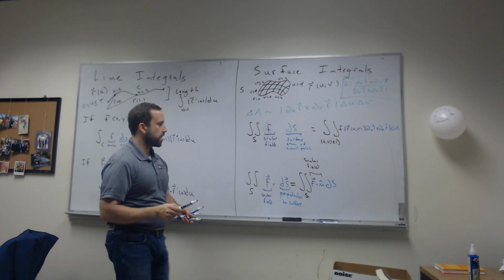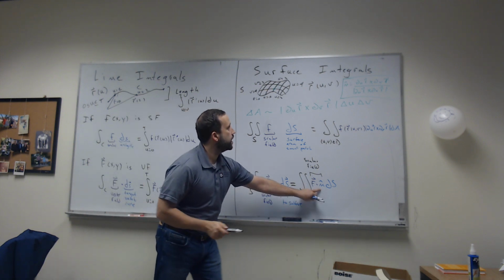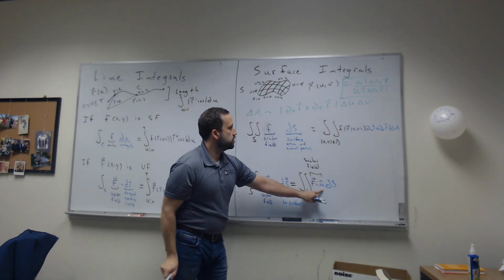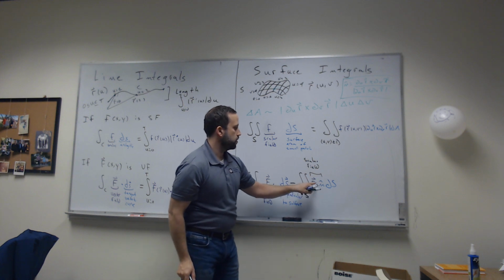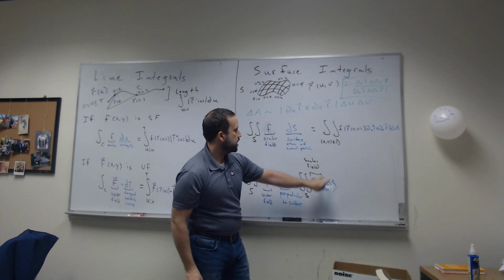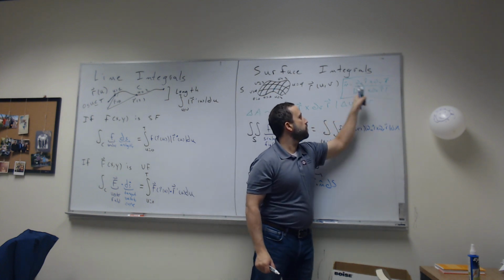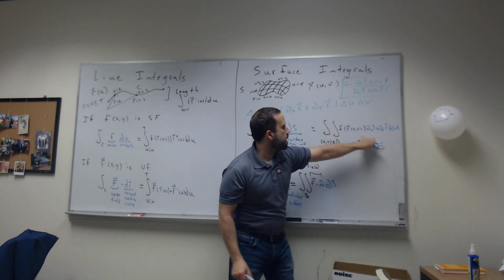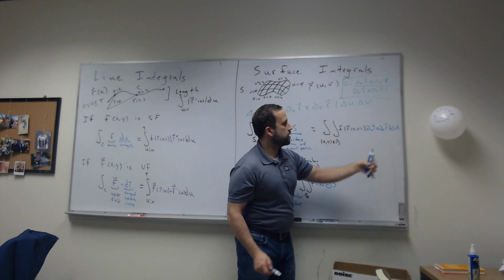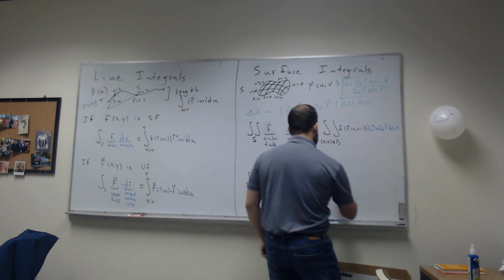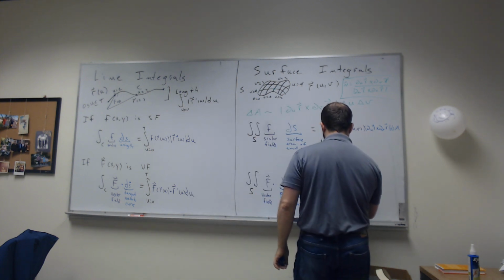Okay, now if we plug in, n is equal to this formula. So this now is a scalar field. If you plug this in here, you're going to get f dotted with this normal vector, but then when you multiply it by this factor here, the magnitudes are going to cancel. And so what you end up with is the following.